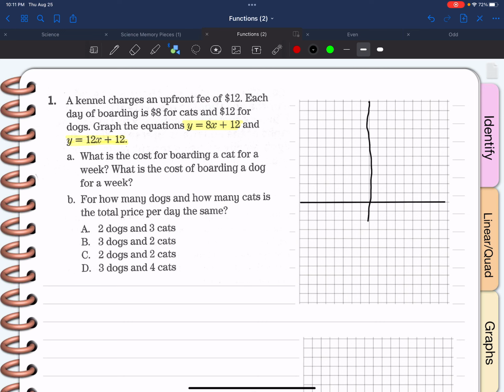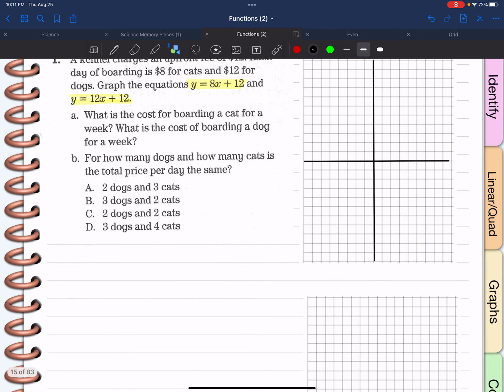And they give me an equation that I need to graph. So the first thing I'm going to do is to come up with a table of values. So the formula for the cats would be this one, because cats only cost $8 a day.